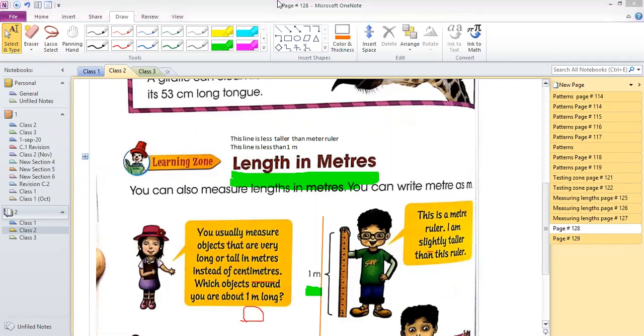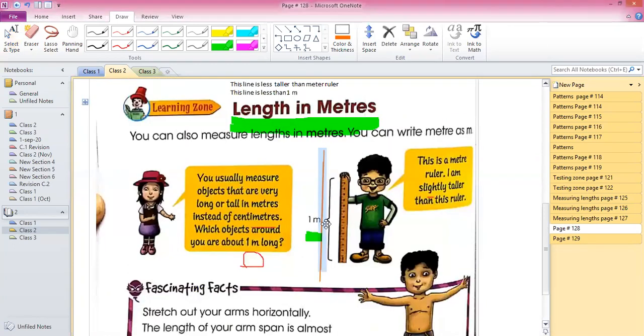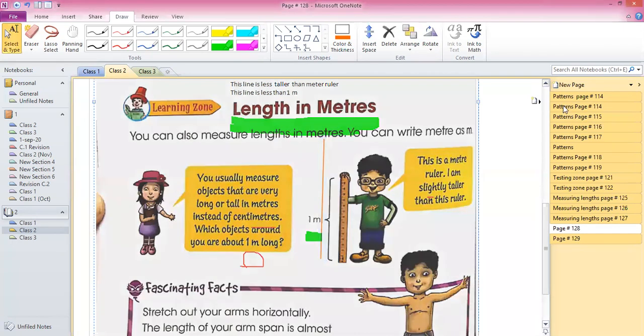Rafiq Samir, very good. Sharif Ahmed, very good. Amal, very good. Saud, very good. Very good, guys.